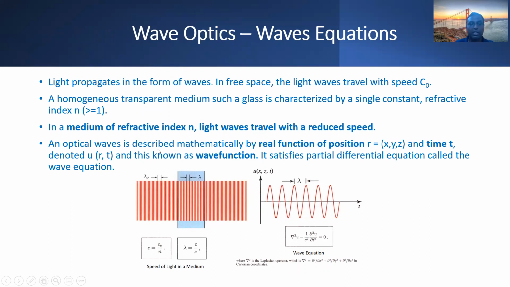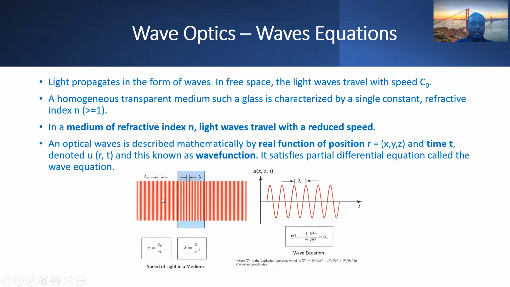An optical wave is described mathematically by a real function of position r, which equals x, y, z, and time t, denoted by u(r, t), and this is known as the wave function. It satisfies a partial differential equation called the wave equation.